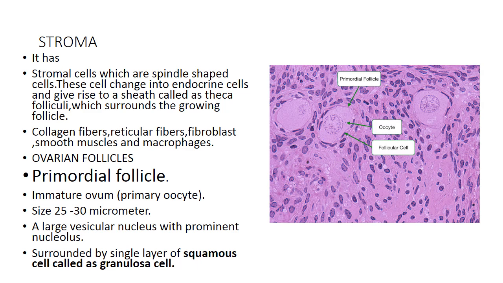As you can see in the slide, in the center is the oocyte, about 25 to 30 micrometers in size. It has a large vesicular nucleus with a prominent nucleolus, and it is surrounded by a single layer of squamous cells called the granulosa cells, and outside them are the follicular cells.